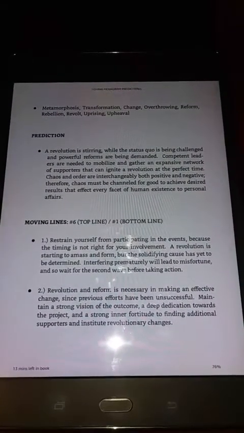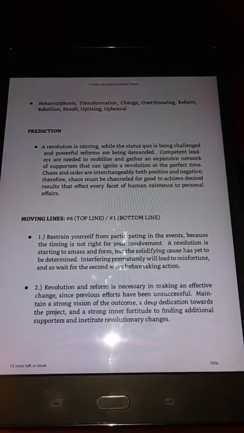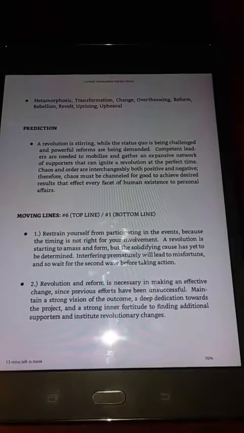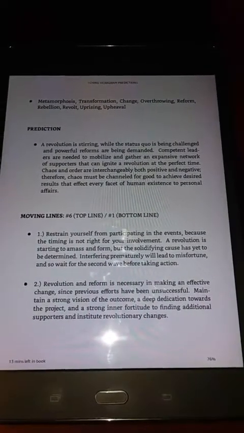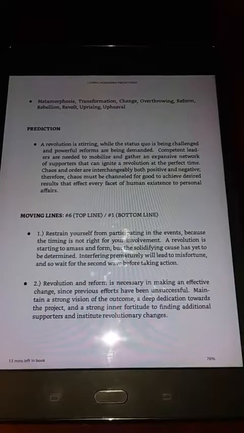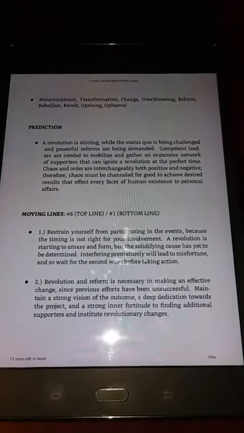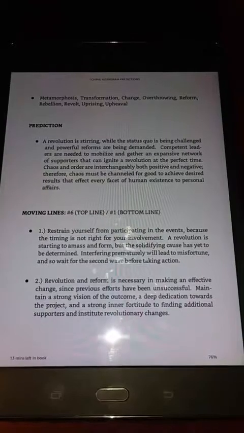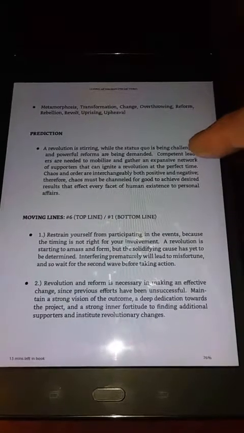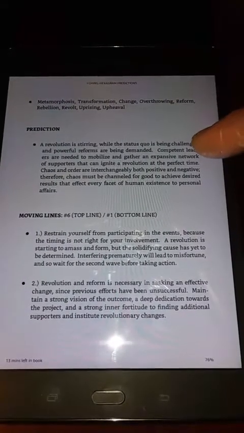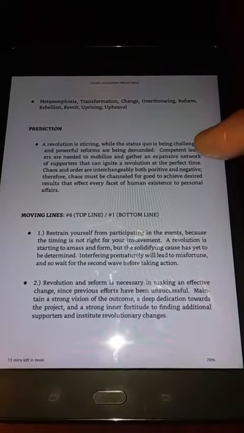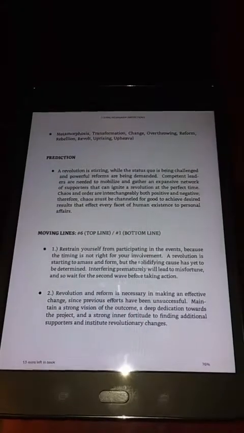So basically, revolution is going to abound, and in doing that, there's going to be some kind of chaos and order that will result in both positive and negative results. So this is our changing fortune. Expect that to be what is to await our fortune.